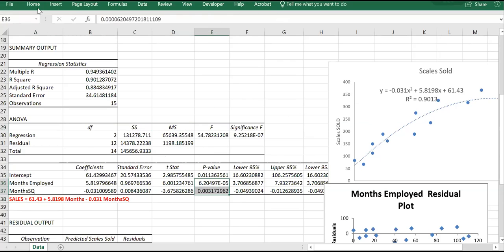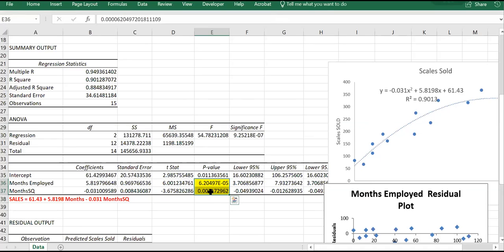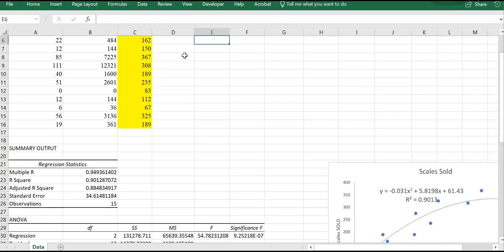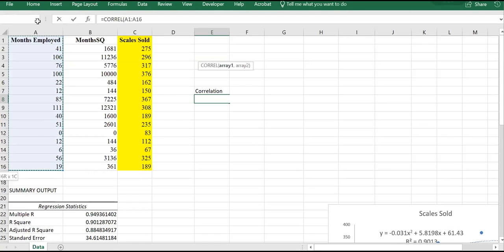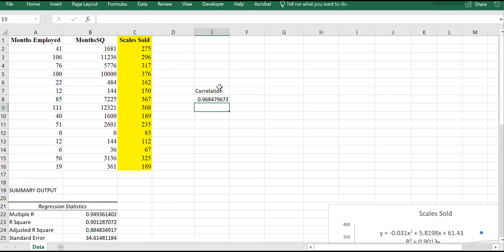Checking the p-values. Both p-values, residual plots are fine. Both p-values are less than 5%. Of course, there is multi-collinearity between x and x squared, between month and month squared. Of course, if you find the correlation of month and month squared, it's 97%.